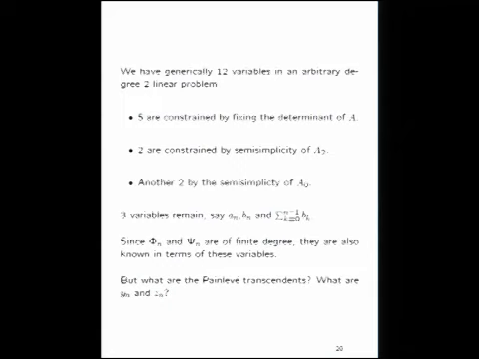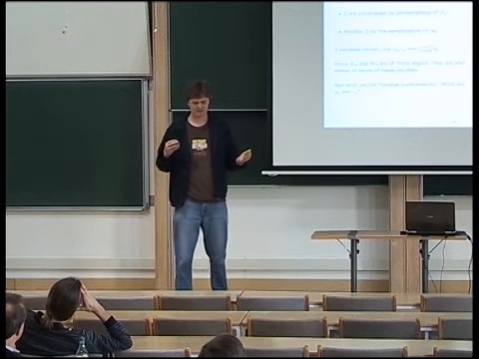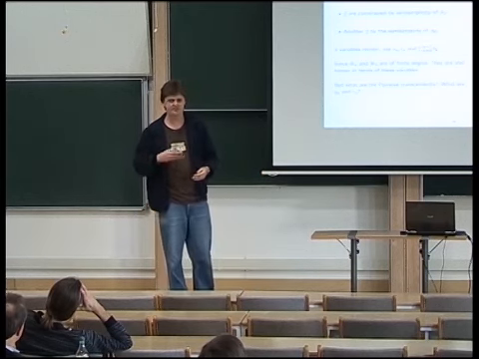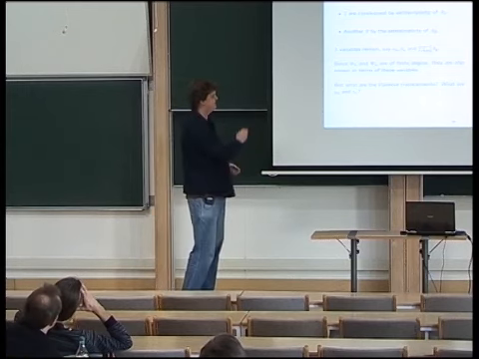We've eliminated 5 by constraints and by transformations. We've got 2 taken out by the semi-simplicity of A2 and 2 by the semi-simplicity of A naught. And you've only got 3 variables. We can choose these 3 variables to be a_n, b_n, and the sum. So this is a parameterization of the connection preserving deformation in terms of these 3 variables.